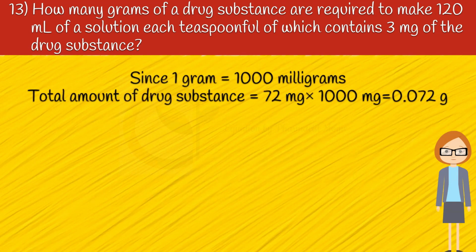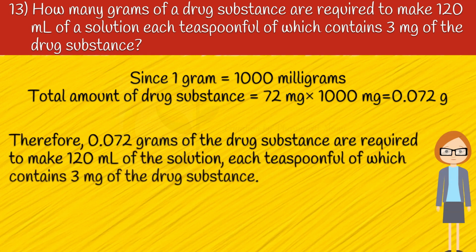Now, to convert milligrams to grams, since 1 gram is equal to 1000 milligrams, total amount of drug substance is equal to 0.072 grams. Therefore, 0.072 grams of the drug substance are required to make 120 milliliters of the solution, each teaspoonful of which contains 3 milligrams of the drug substance.